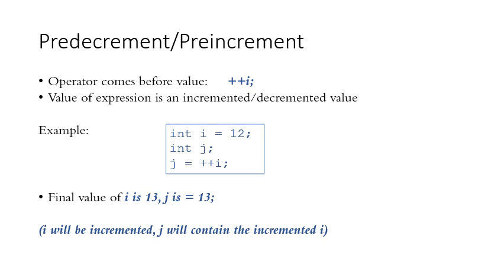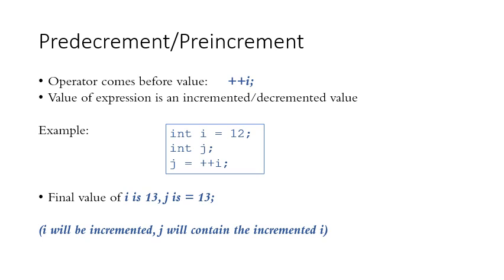In pre-decrement or pre-increment, from the word pre itself, meaning before, the operator comes before the value. So the value of your expression is incremented or decremented. For example, you have an integer i with a value of 12, and then you have an integer j, and the new value of j is plus plus i.